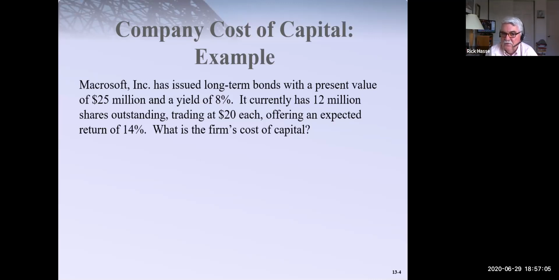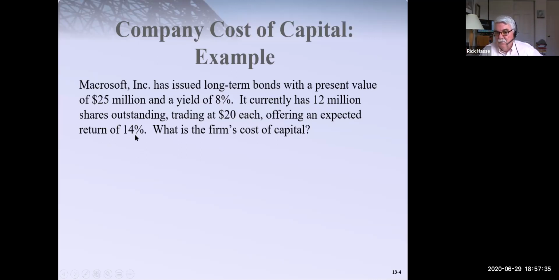What is the firm's cost of capital? The present value of their debt is 25 million, and the present value of their equity is 12 million times 20 bucks, $20 for each stock. The yield on those bonds, or the cost of that debt, is 8% for the bonds and 14% for the equity.